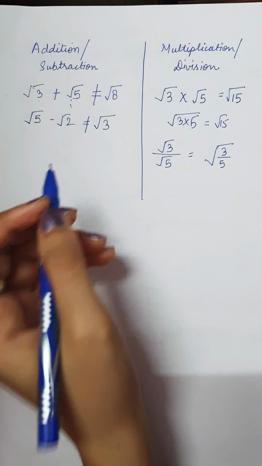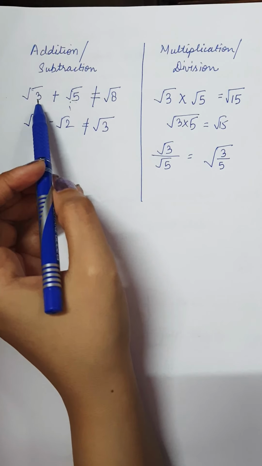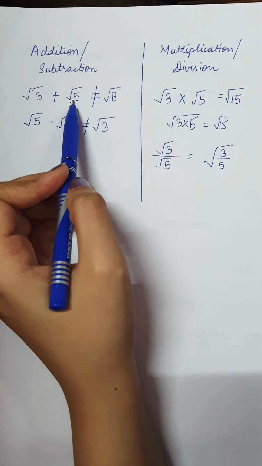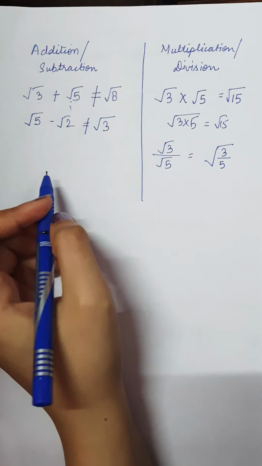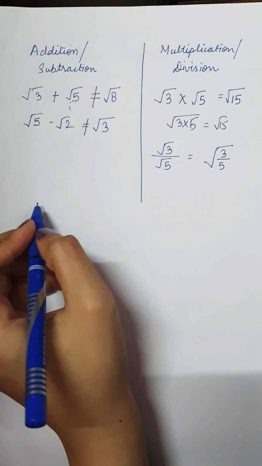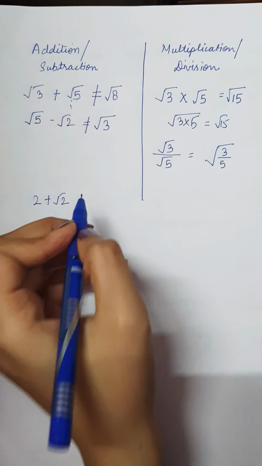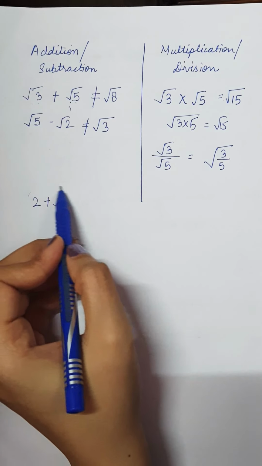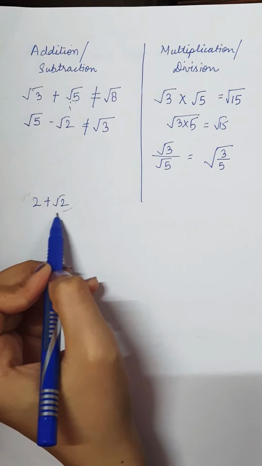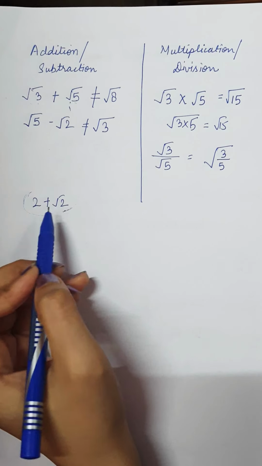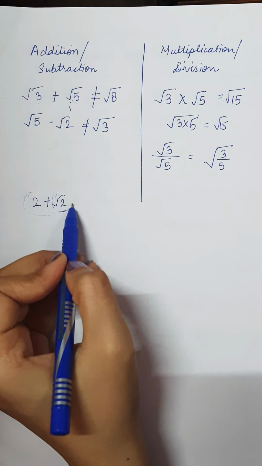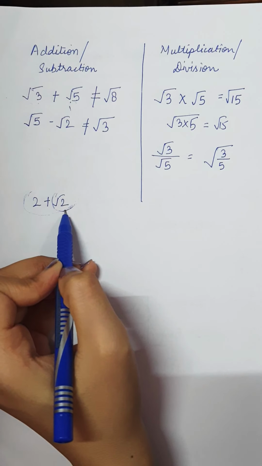Second thing, when two irrational numbers are added, the answer may or may not be an irrational number. For example, if I say 2 under root 2, this is going to be an irrational number because it is having one irrational number with it.